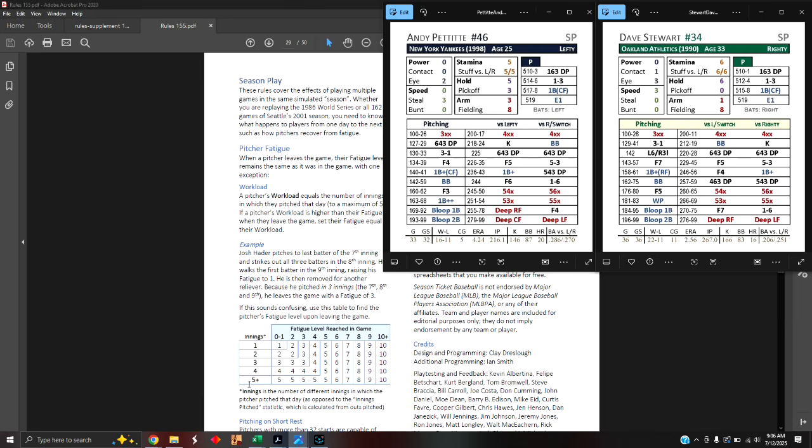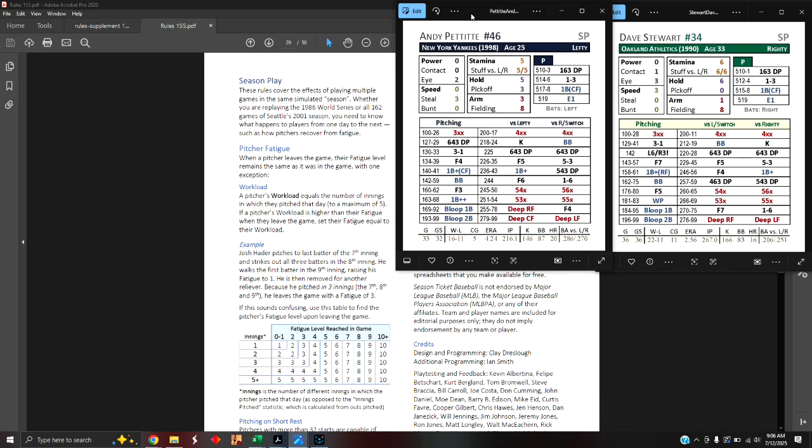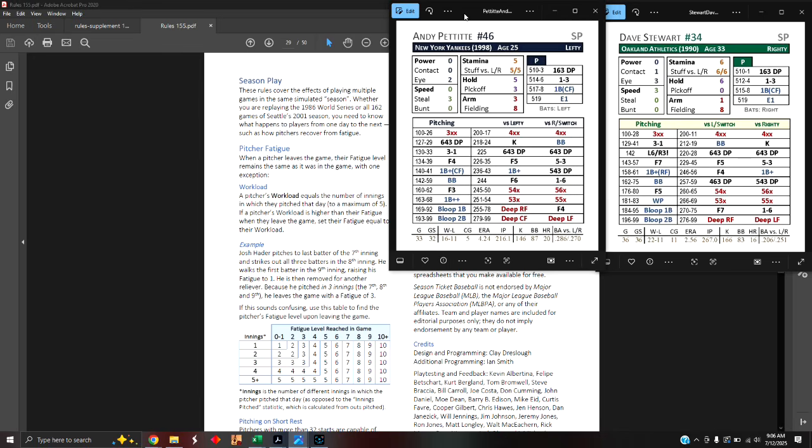Most starters are going to have a workload of 5 when they leave the game, if they pitch 5 or more innings. And the workload is basically how many days they have to rest before they can pitch again. Now, you may think modern-day starters, 5-man rotation, don't have 5 days off.